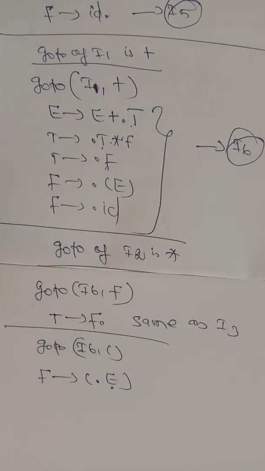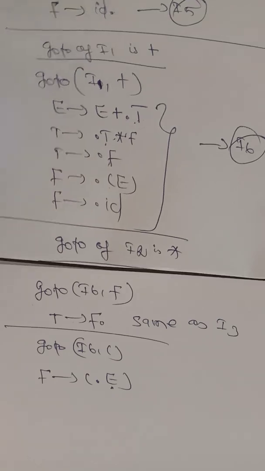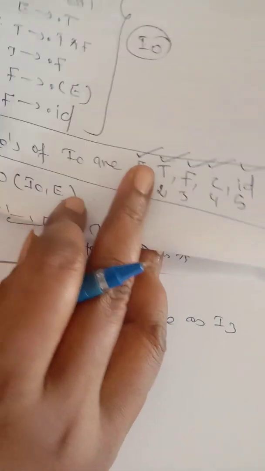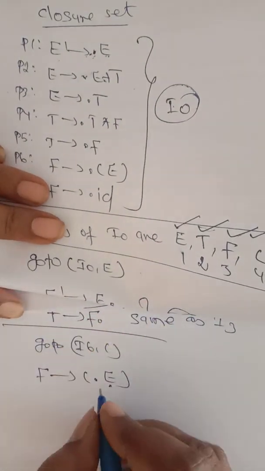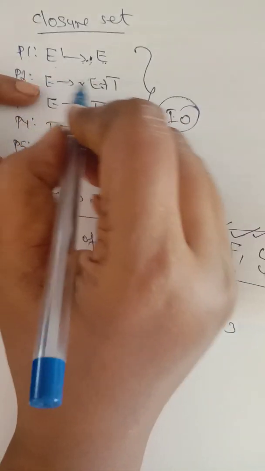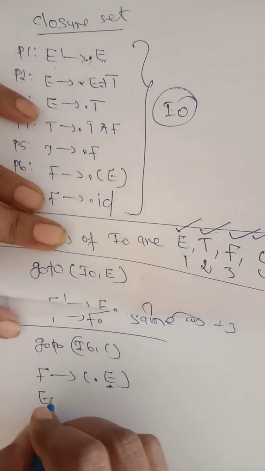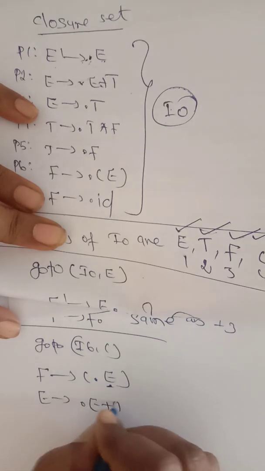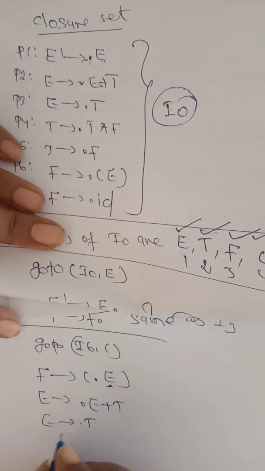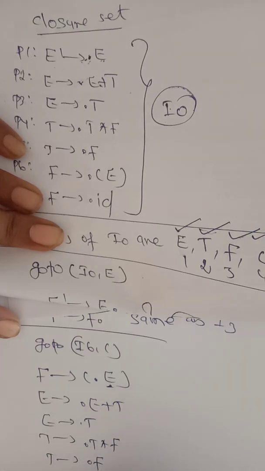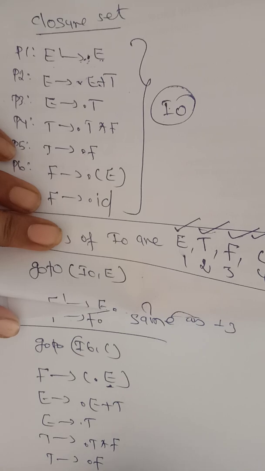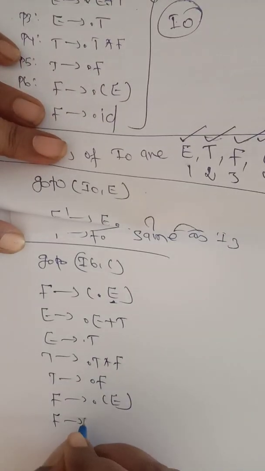E goes to dot E plus T, E goes to dot T, T goes to dot T star F, T goes to dot F, F goes to dot open bracket E close bracket, F goes to dot ID.